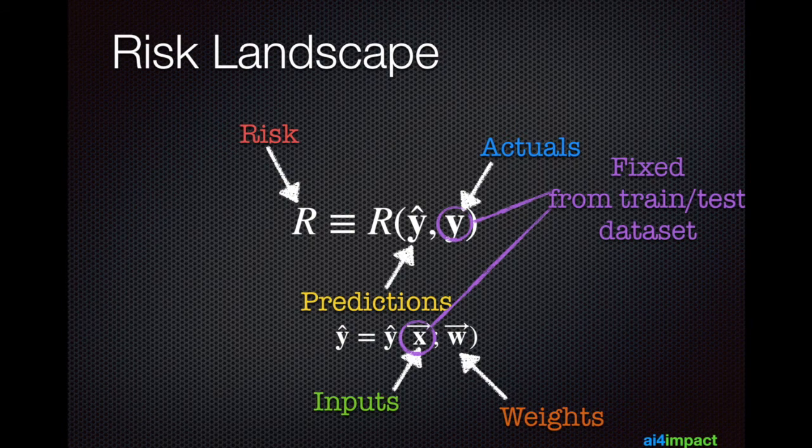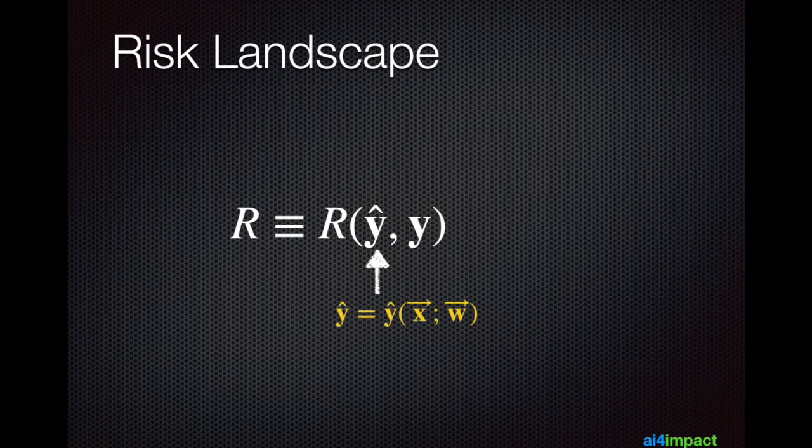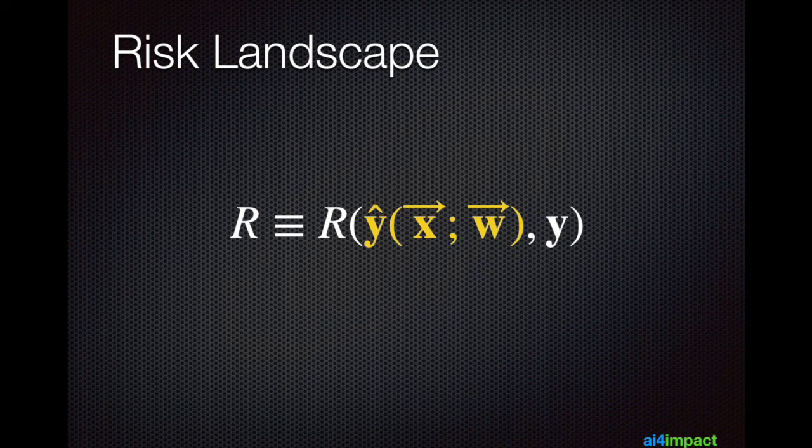And we know that both the inputs and the actuals are both fixed from the training or the test dataset. So let's substitute the predictions this way. Both x and y come from the training or the test dataset.